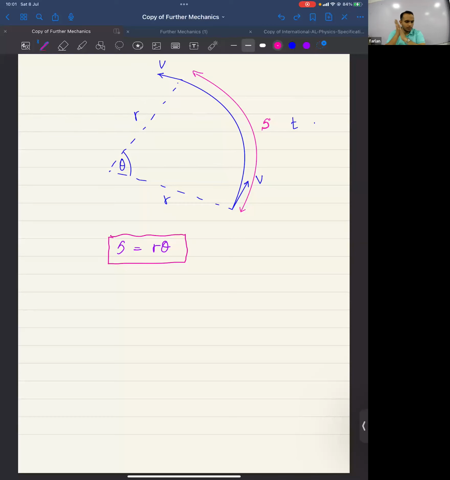Okay. s equals r theta. Right? Mark that time is t. Radius is r. Now guys, look at this.